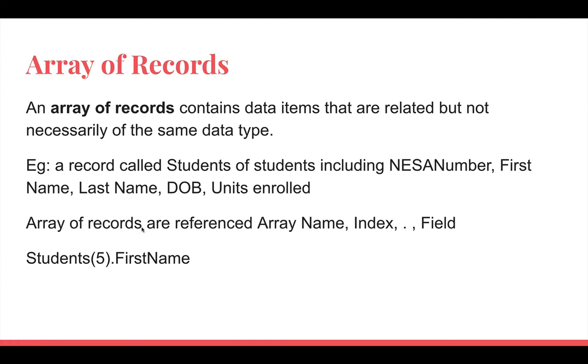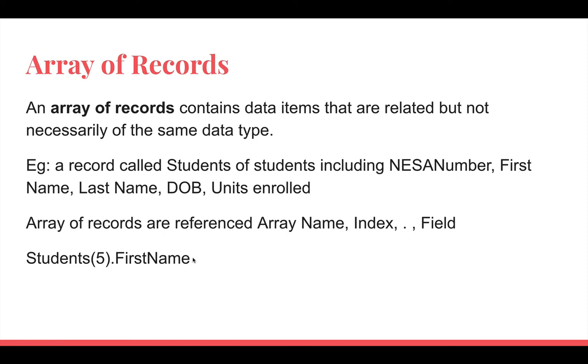And the array of records was called students. I would reference first the name of the array of records, students. I would say index number 5, say that was Adrian, and I wanted to pull his first name. I'd write a dot, first name, and that would return a value of Adrian.